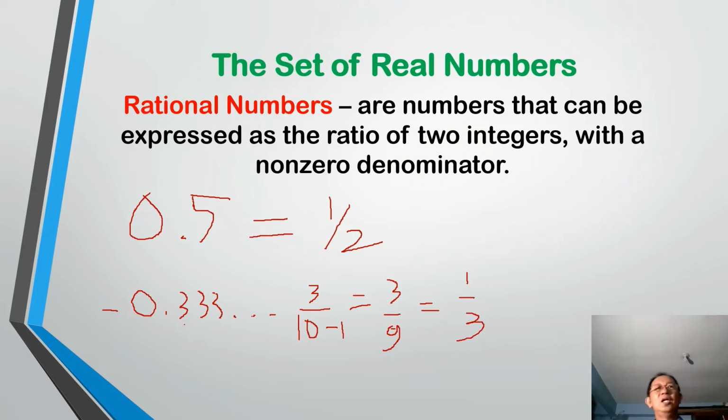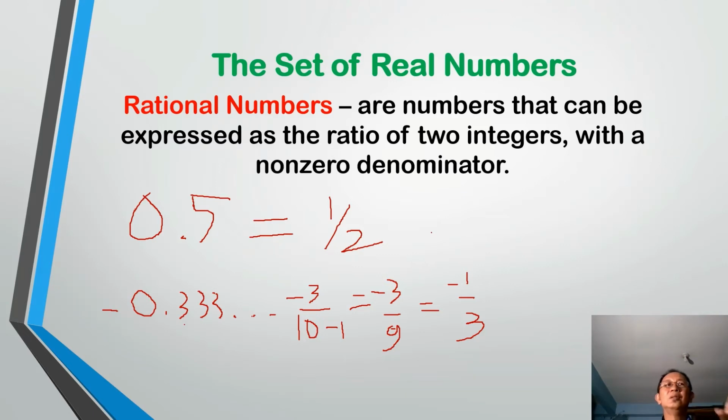So negative 0.333, there is a negative. The negative goes in our numerator. So negative 1/3. If you divide negative 1 by 3, you go back to negative 0.333333.